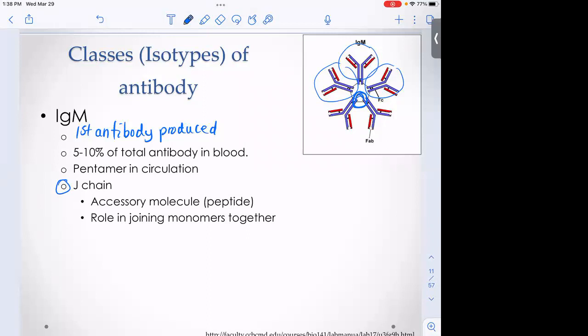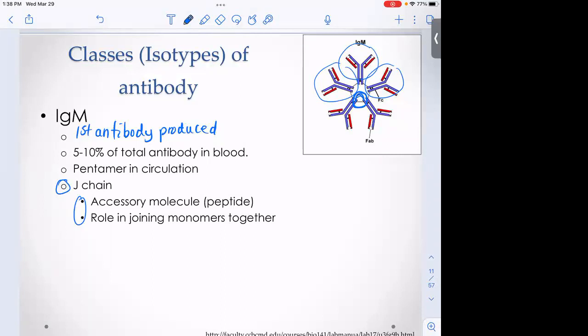It's a piece of protein. It has something to do with assembling those 5 individual IgM monomers into a pentamer. I won't go through the mechanics. I have no idea how that actually happens. We call that J chain an accessory molecule. And again, it has some role in joining them together.